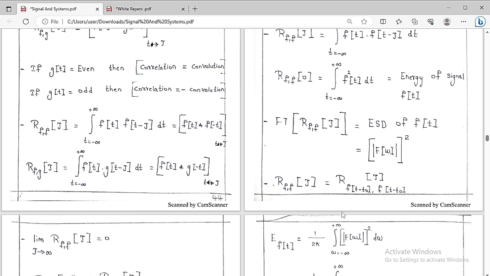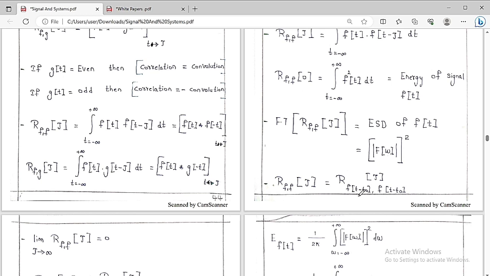And here you can see R_FF of tau is equal to the autocorrelation of f of t minus t naught with f of t minus t naught; both are equal. What is the meaning of this? Either you take f of t and f of t, or f of t minus t naught and f of t minus t naught, if you do the autocorrelation, it is always the same.